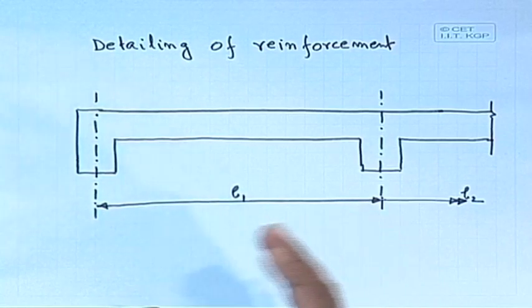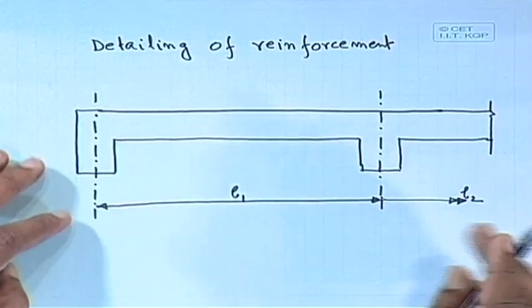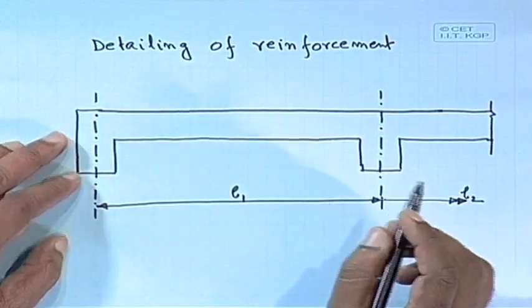If you specify the reinforcement on the wrong side, particularly in a cantilever, where the main reinforcement is at the top, not at the bottom, sometimes there is a failure immediately after casting. When the shuttering is removed, it immediately fails, immediately it breaks. That is very common, and it happens. That is why the detailing of the reinforcement is very, very important, and it should be done carefully.